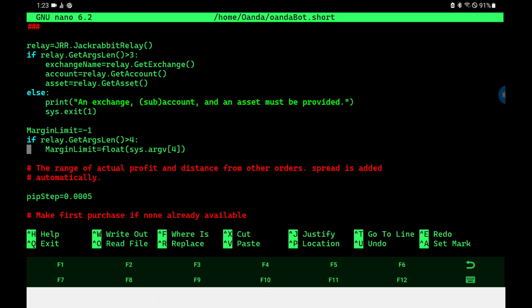So in a $100 budget, if I set my margin limit to 20, that means that asset will stop purchasing after $20 of margin is consumed. That doesn't seem like much, but figure that that's about 800 units of Euro USD. So that can get quite substantial. But it's part of the hedging process that mitigates the risk that you take on when you trade.